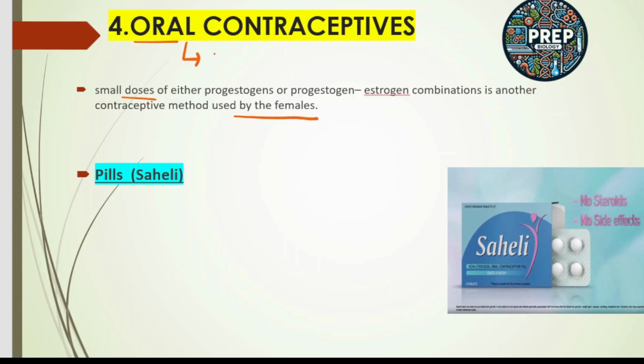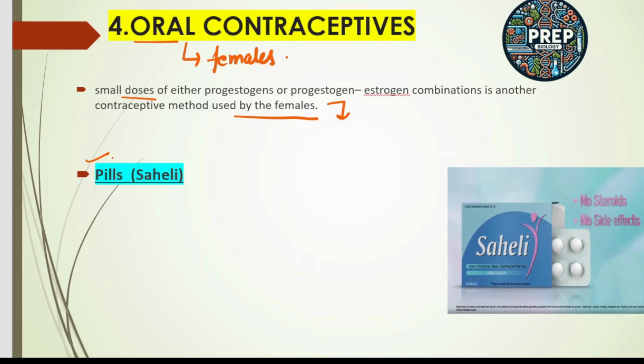So these are basically small doses of different hormones, used mainly by females. These oral contraceptives are basically tablets, called pills.